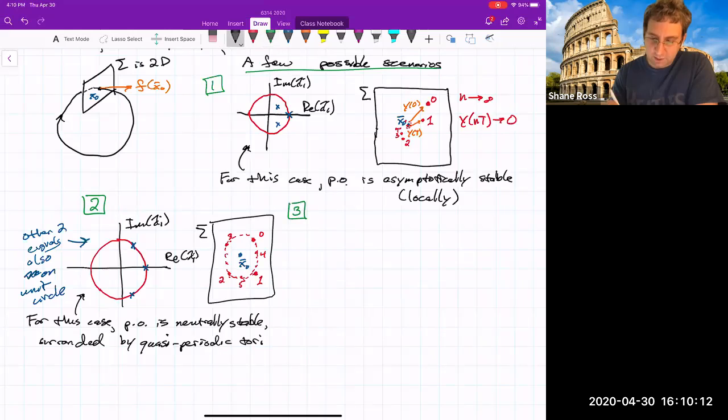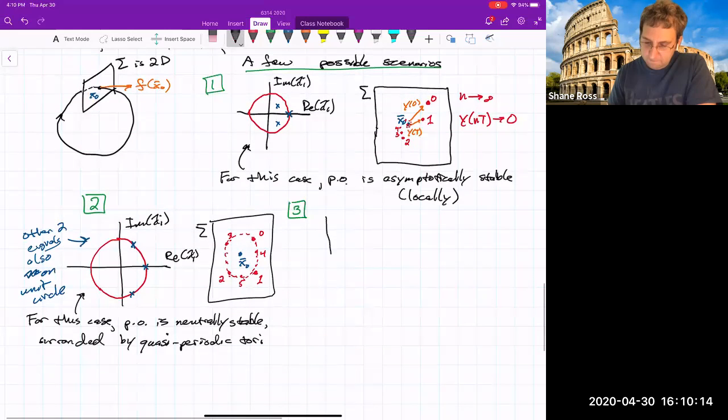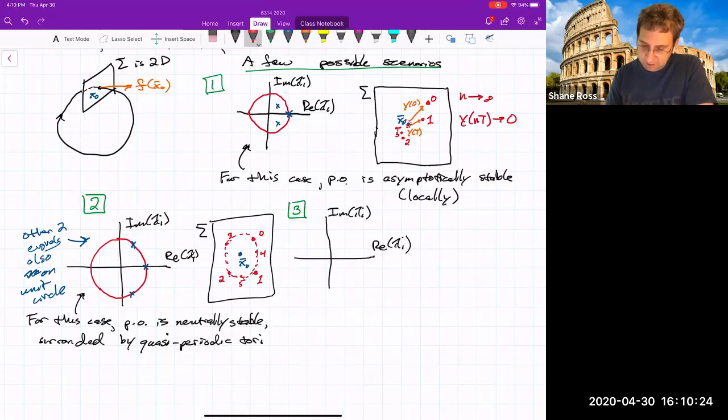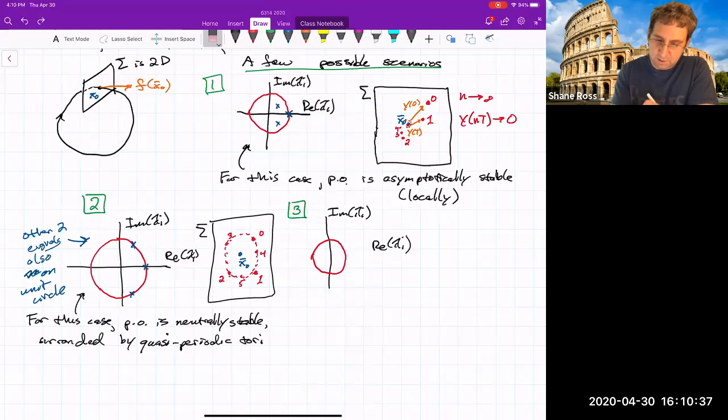So here's another scenario. Complex plane of the eigenvalues of the M matrix, my unit circle is there. I've got an eigenvalue 1, of course, but then I've got an eigenvalue inside the unit circle.